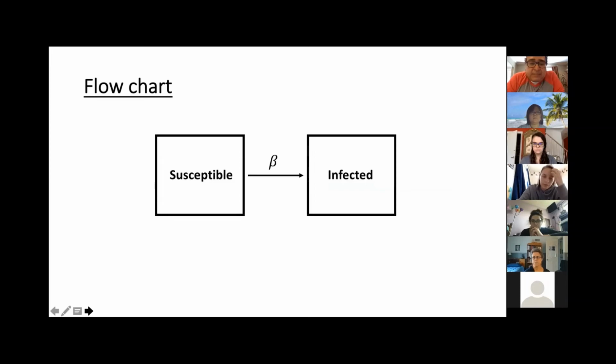And this process where individuals are infected and they move from the susceptible class to the infected class is denoted by that arrow pointing in that direction. And we normally write the rate of infection, or whatever rate occurred for this process to take place, right above that arrow.